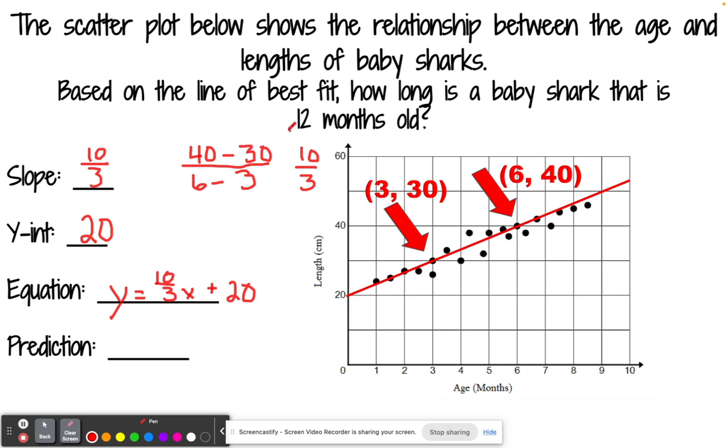So the question is, how big would it be at 12 months? Well, my thing doesn't go out that far, so I would have to substitute 12 for x, because my x values are my number of months. So y equals 10 over 3 times 12, because 12 months, plus 20, because that's how long it was when it was born, 20 centimeters.